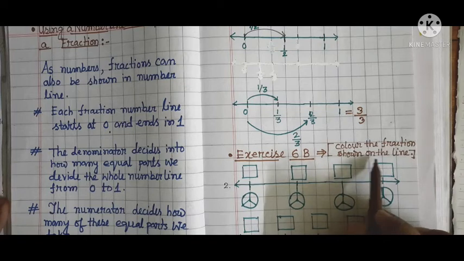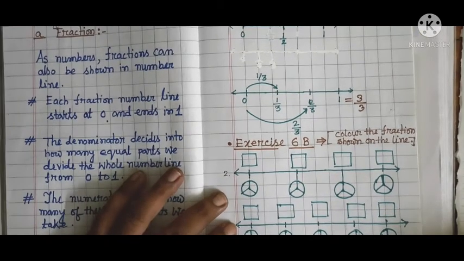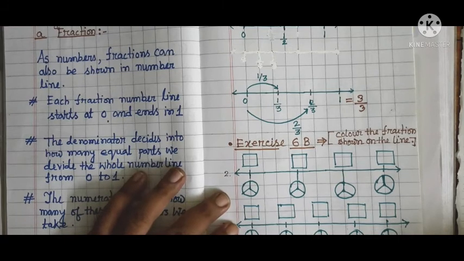Now we solve exercise 6b: color the fraction and show it on the number line. This is exercise 6b. We do number 2.